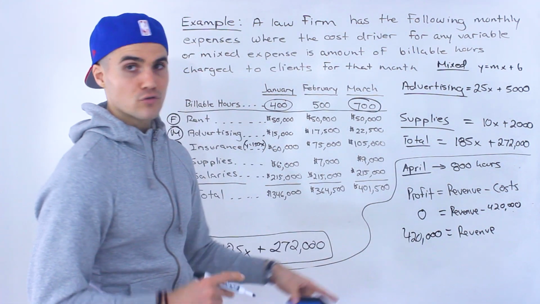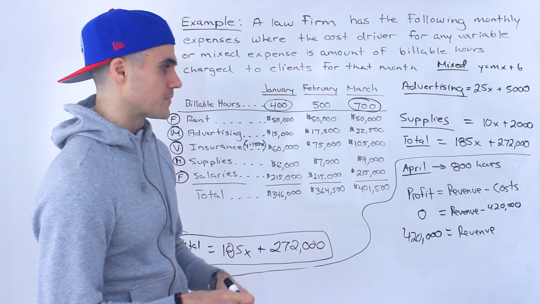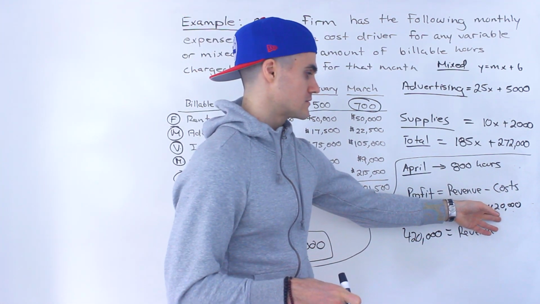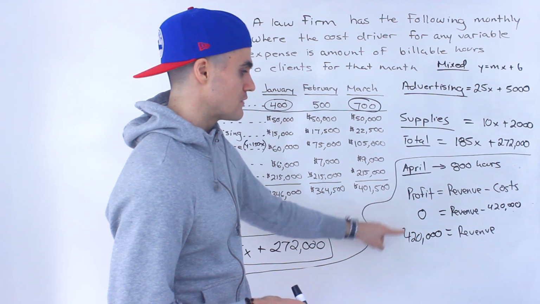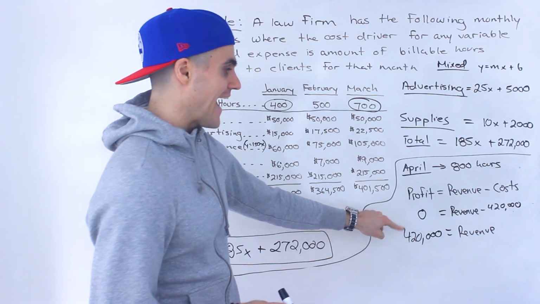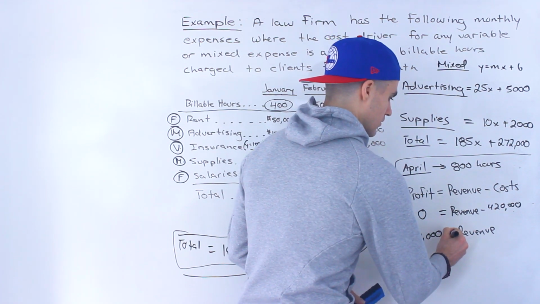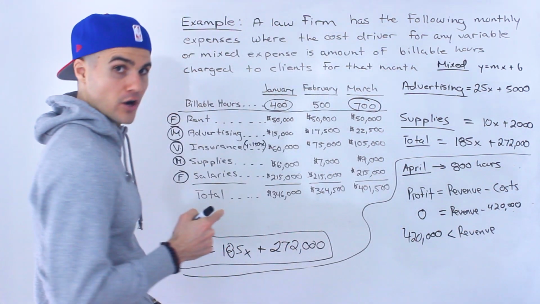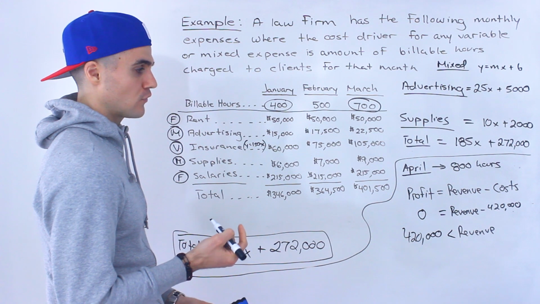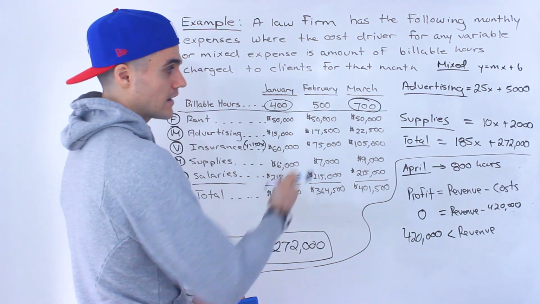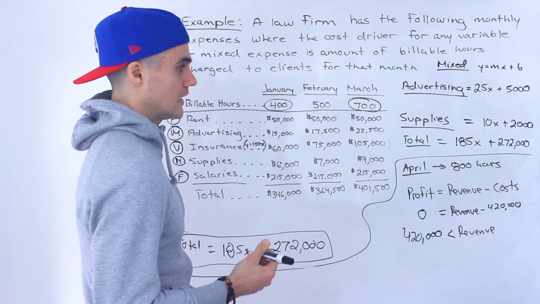If we come up with a revenue of $420,000, then that's going to cover our total cost of $420,000. And that's when we're going to break even. So the revenue has to be greater than $420,000 in order for the firm to be profitable with 800 billable hours.